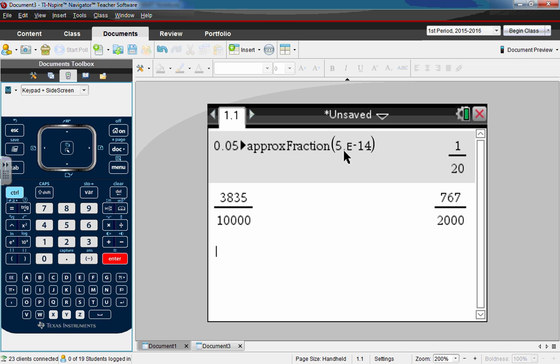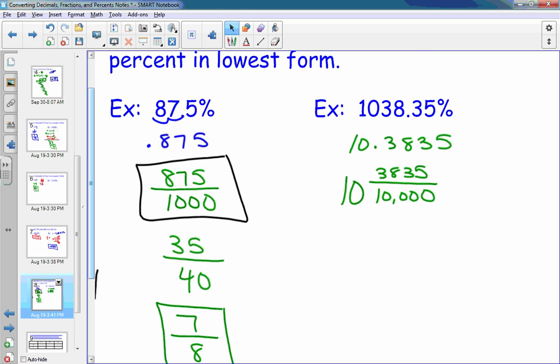Do we see that? 767 over, what was it, 2,000 or 200? 200? 2,000, right? Over 2,000. There's 3 zeros? Maybe you only divided by 1,000 rather than by 10,000. You know what I mean? Okay. All right, are we all good on this?